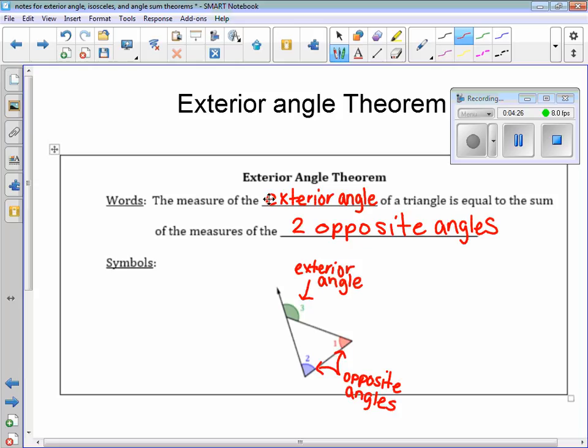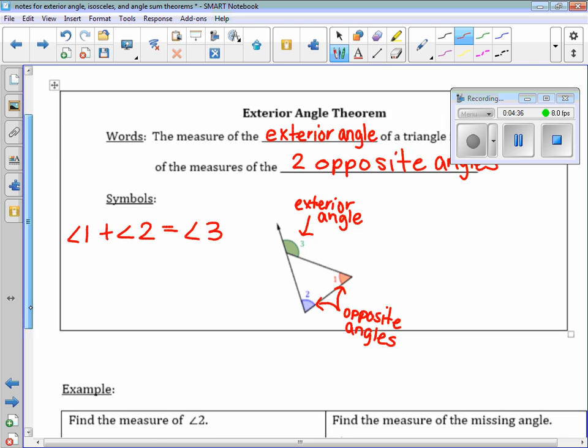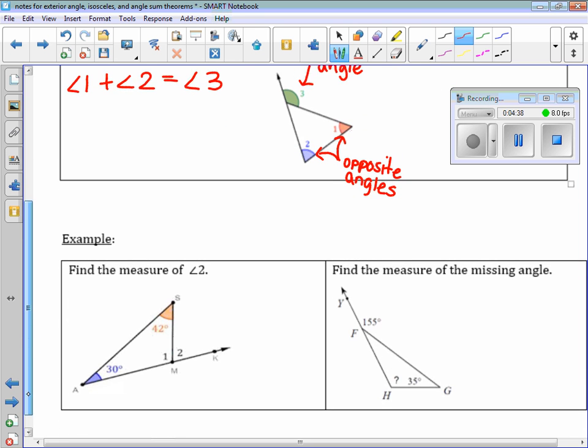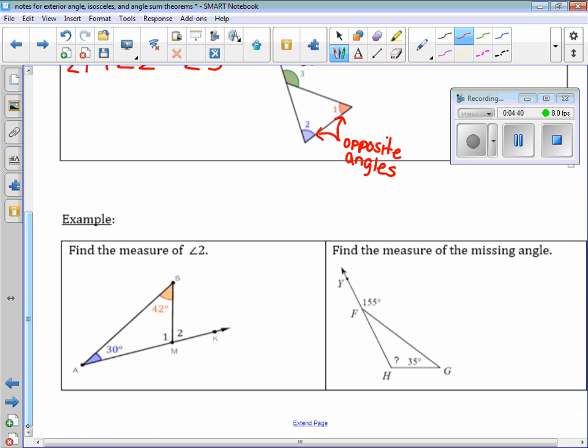So I can write my equation as angle 1 plus angle 2 equals angle 3. So we have some examples to do.